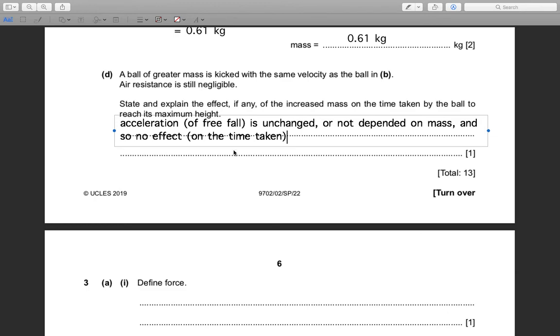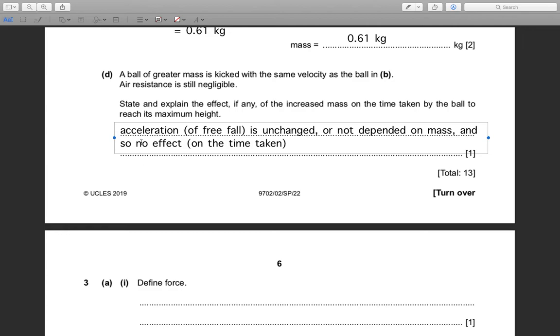Yes, this is the best fit answer. The acceleration of free fall is unchanged, because this is only gravitational acceleration and does not depend on mass, and so there is no effect on the time taken.